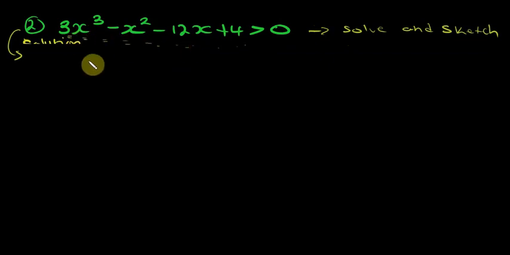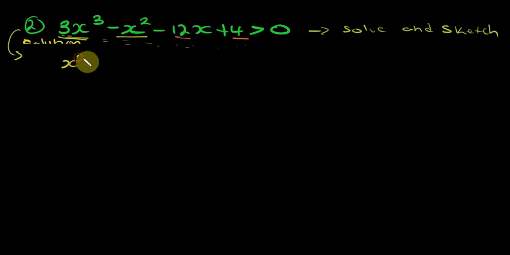Okay, let's go right ahead and group this and then factorize. From here we have x squared, which is common, and in the next one we have 4, which is common.